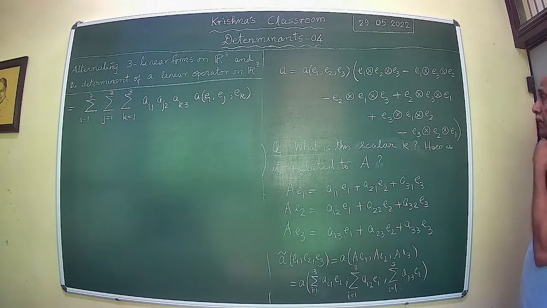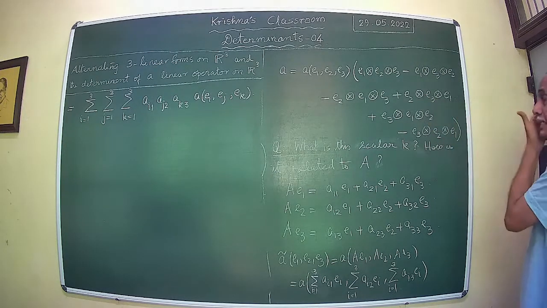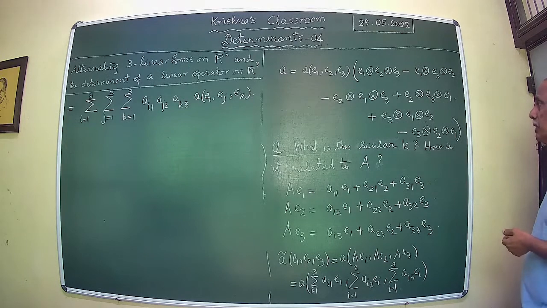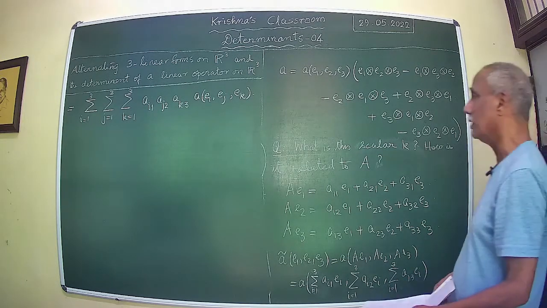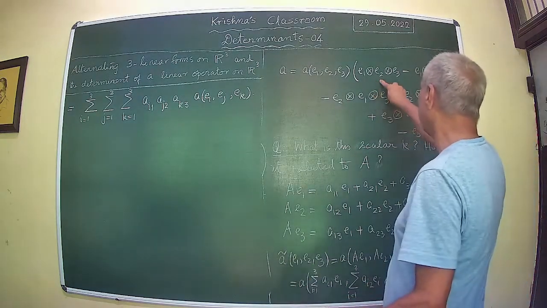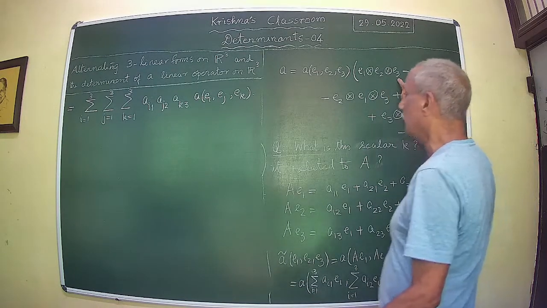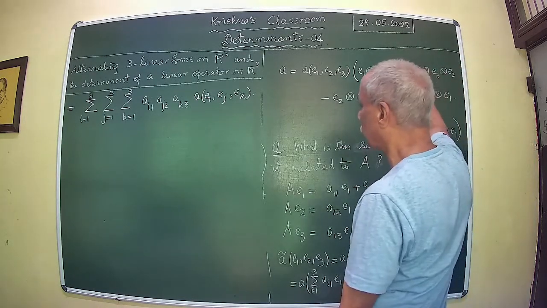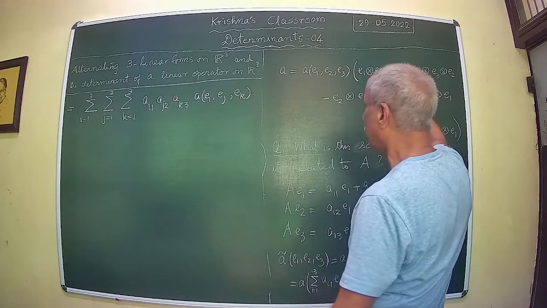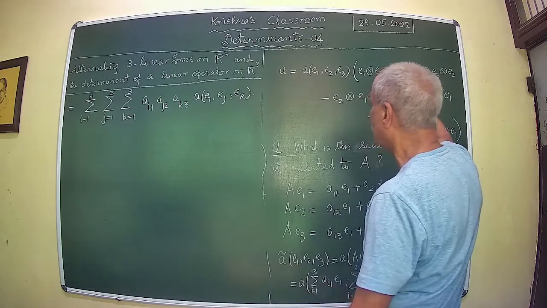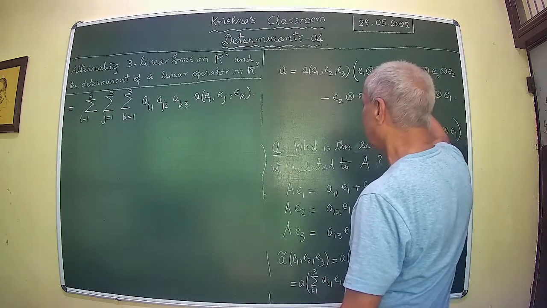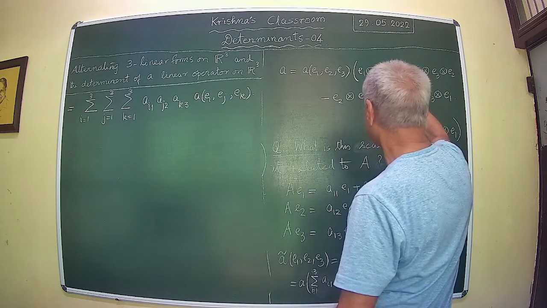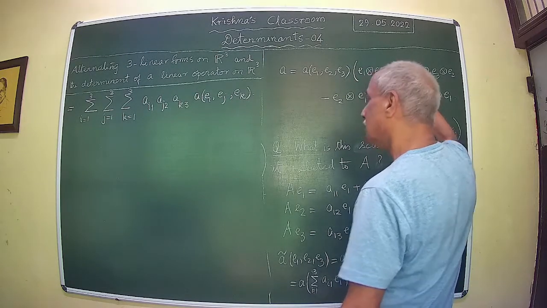Therefore, if you write it out, you see that when you have E1, E2, E3, it is equal to 1 only when it operates on E1, E2, E3. Okay, right, and so on.